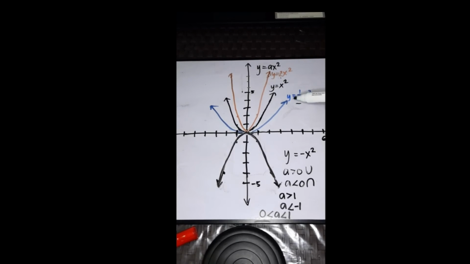Therefore, as you can see, the opening of the graph is wider compared to the graph of the first two functions. Okay? Tandaan ninyo, mas malaki ang value ng a, mas masikip yung opening niya. Okay? The greater the absolute value of a, the opening of the graph is narrower.